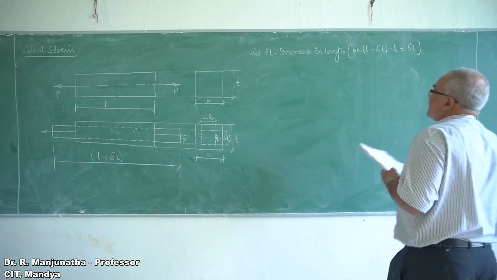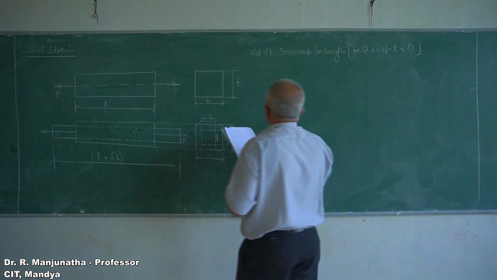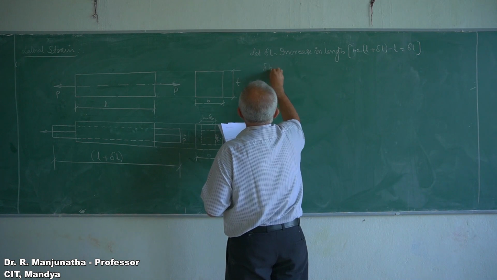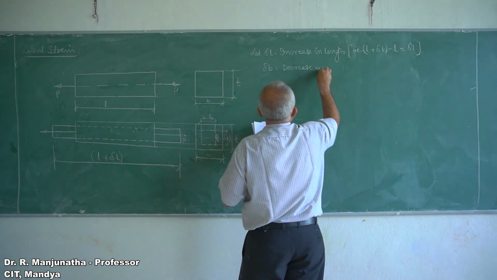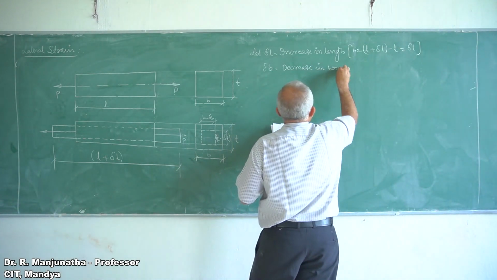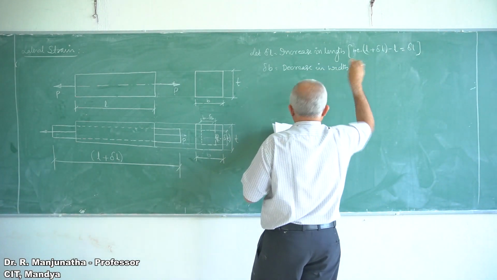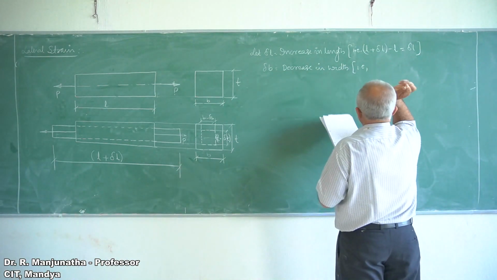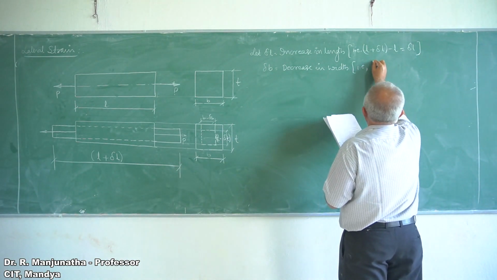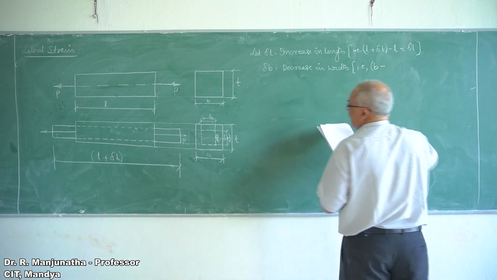Next is the decrease in width. So delta B will be equal to the decrease in width, which is delta B. That is the original dimension of the body, the area of cross section.